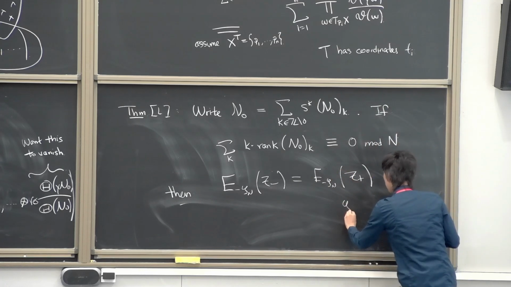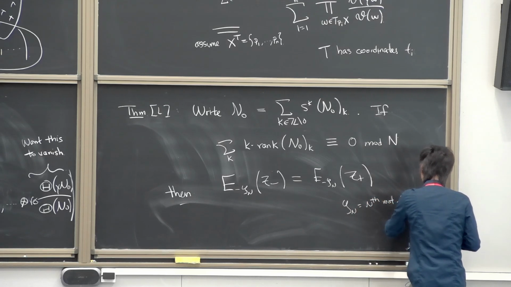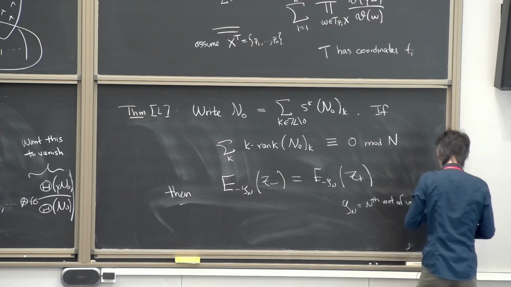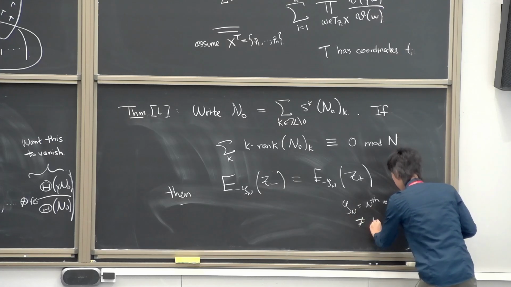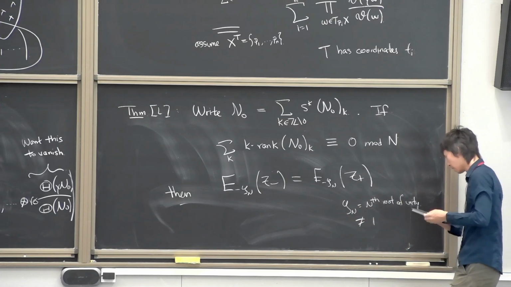So zeta N is an Nth root of unity, and for technical reasons, this should not be equal to 1. So it's really some non-trivial Nth root of unity.